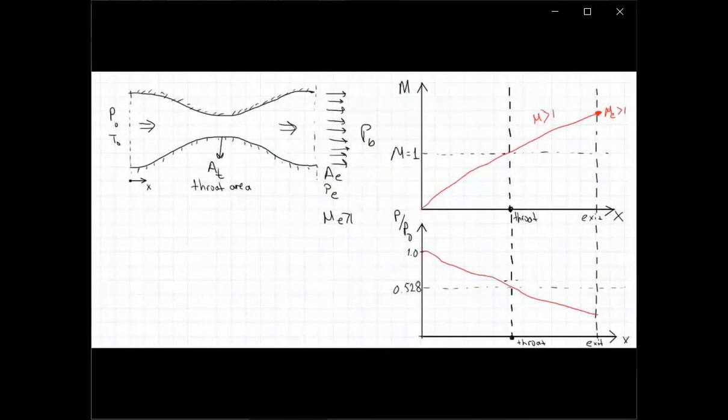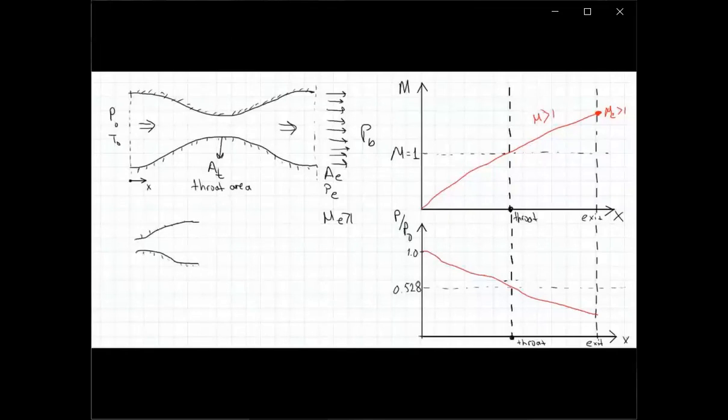The first scenario is what we call an overexpanded jet. I will just draw half of the nozzle, just the diverging part, because the converging part is basically fixed after choking.